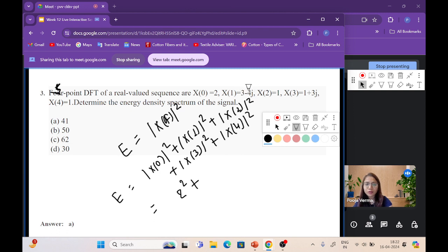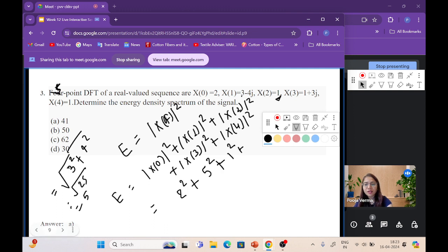It is a complex number, so first we need to find out the magnitude. It is 3 square plus 4 square, that is 9 plus 16, 25, that is 5. Okay, so 5 square plus x of 2, it is only the real value, so 1 square, plus x of 3 square.